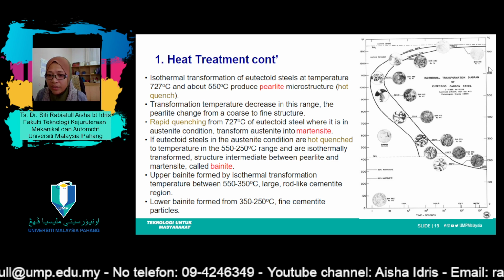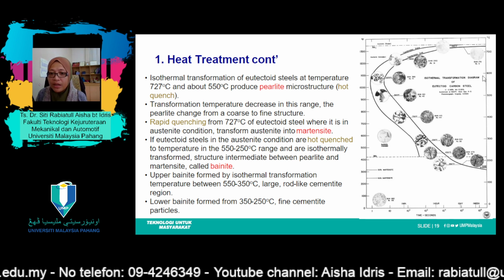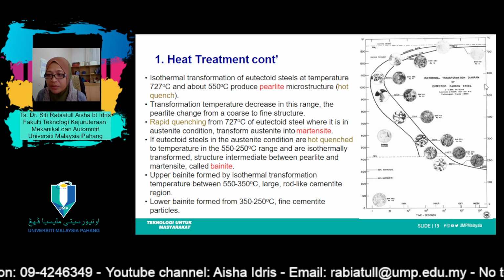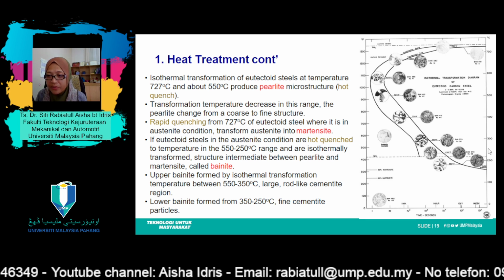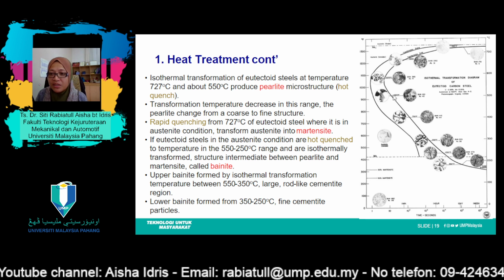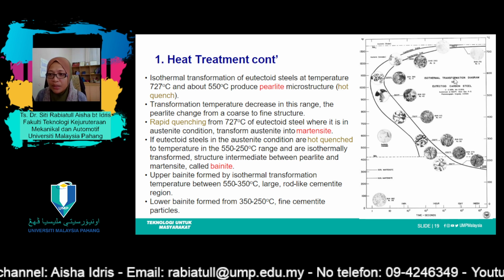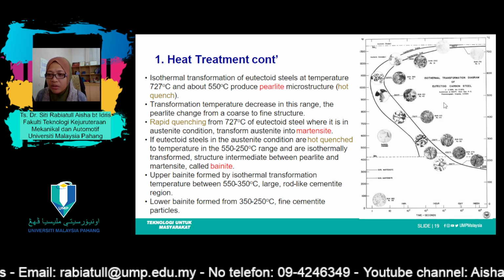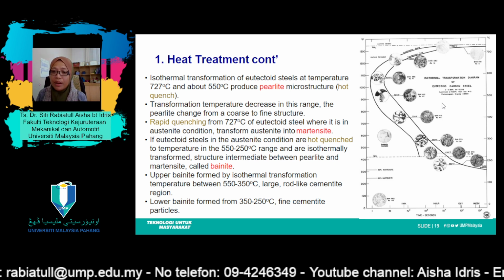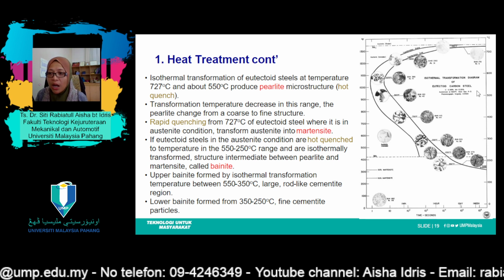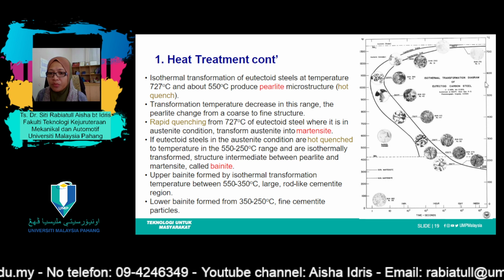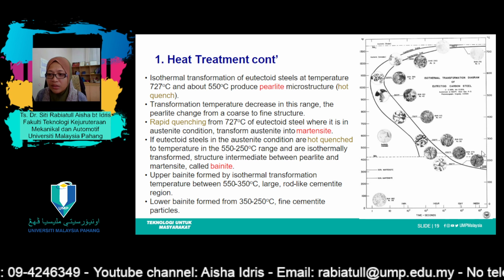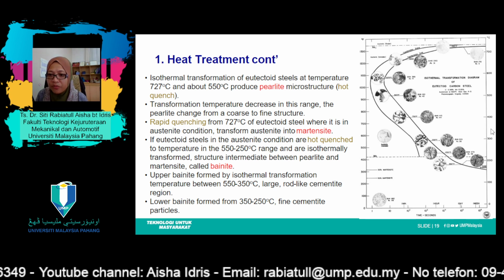So if the steel is hot quenched from temperature 550 here until 250 over here, the structure changes into bainite. So the area is somewhere here. This is the bainite area, and it can be divided into two: upper bainite and lower bainite. For upper bainite, the temperature range is from 350 until 550, whereas for lower bainite, it starts from 250 until 350.